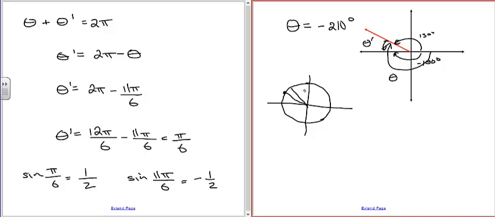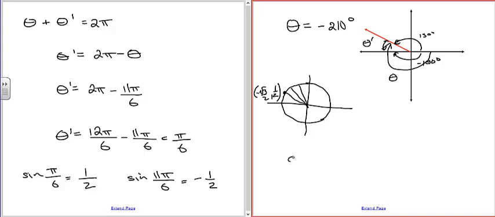You're in the third quadrant, you've got these three lines, so it's this one. And if you look at the coordinates of that particular point, the coordinates on the unit circle are going to be, x is negative the square root of 3 over 2, and the y coordinate is 1/2. So once you figured out where this angle corresponds to on the unit circle, you can just find the coordinates.